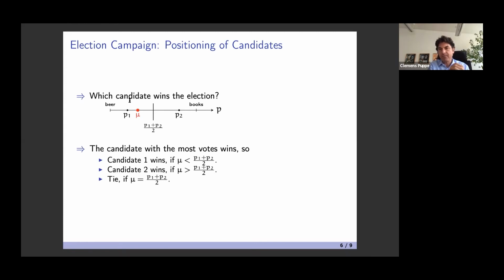But for both, this is true. So we must find some kind of equilibrium behavior. And what does equilibrium behavior mean? Well, it means that once I see the position of the other candidate, I have no incentive to change my position. So I want to choose exactly the position that I have chosen. And if this is true for both of the candidates, we speak of Nash equilibrium.